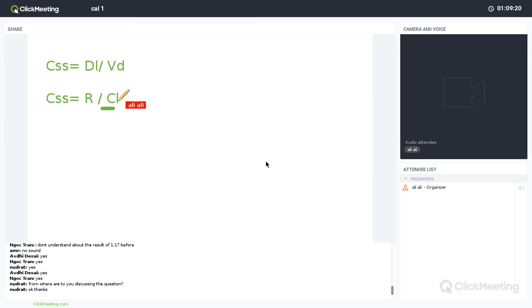What is the clearance? The clearance is the rate at which the medication is removed out of the body. It has an equation. So what is the equation for the clearance? Clearance equals K, the elimination rate constant, multiplied by the volume of distribution.